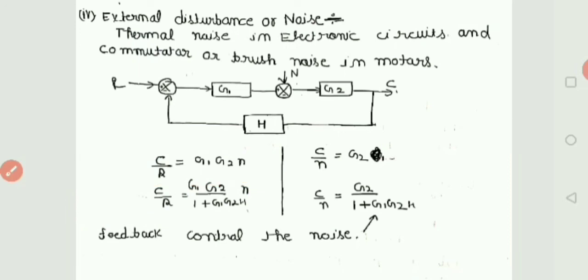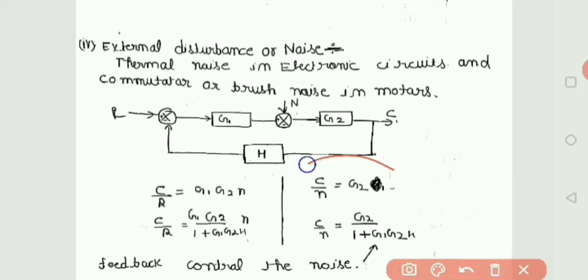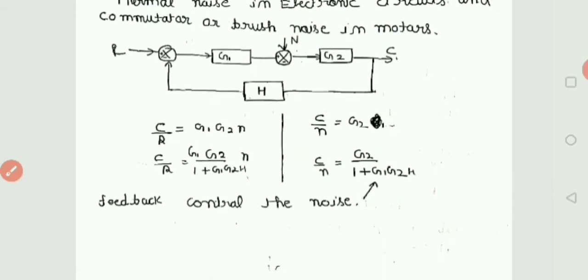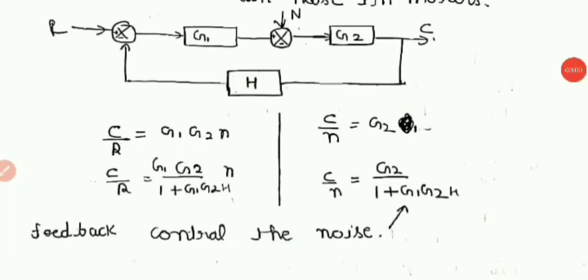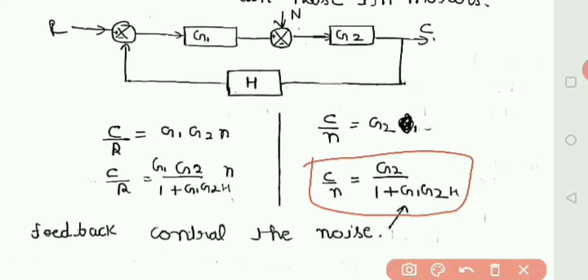If we take the ratio of C over N, for the open loop system C over N equals G2, and for the closed loop system C over N equals G2 over 1 plus G1 G2 H. We can say that in a closed loop system our output to noise ratio decreases, because the 1 plus G1 G2 H term reduces the output to noise ratio.